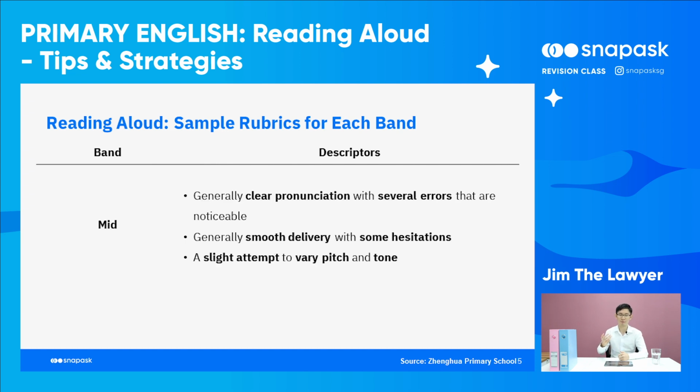We want to achieve band 1 as much as we can, but most of us will be in band 2. Because when we try to read out loud, there will be some errors, and we will try to avoid them as much as we can. But in some sense, there will also be some hesitations when you're trying to deliver your message, even when reading aloud the passage.